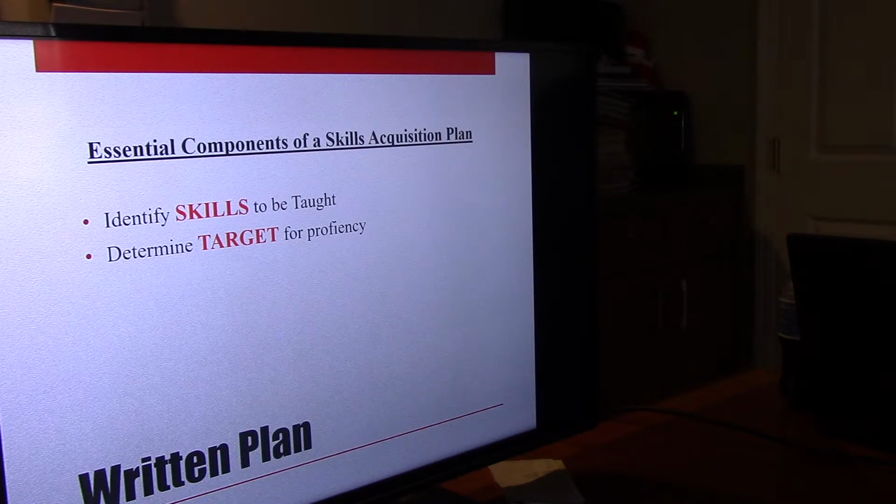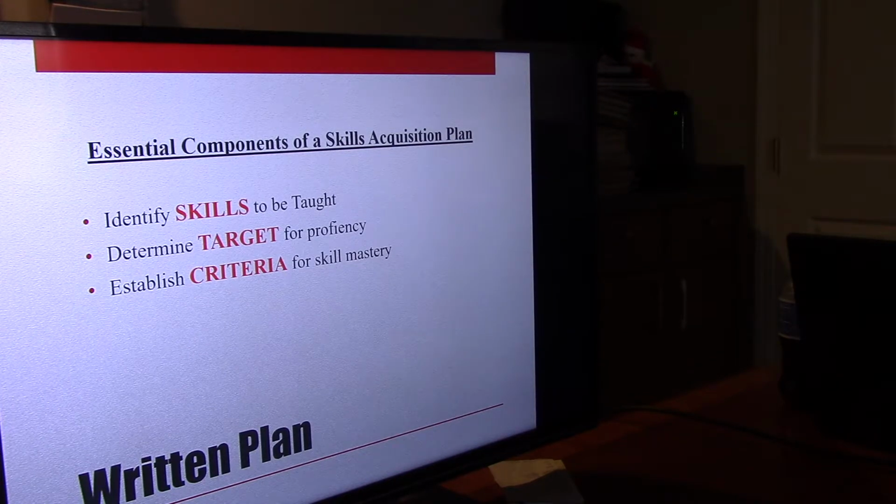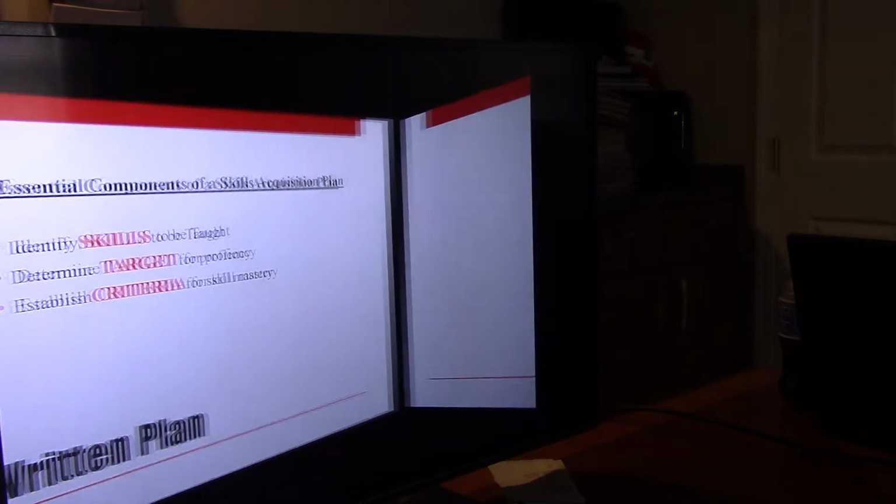Target 8 is a peer, so for targets 8 through 10 it is 0 prompts for 3 consecutive days across 2 people, with a peer. That's your target criteria.